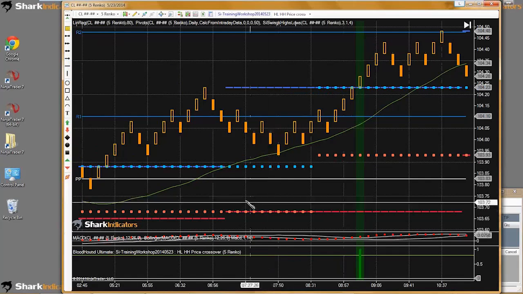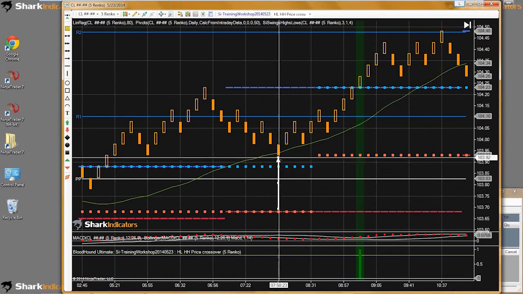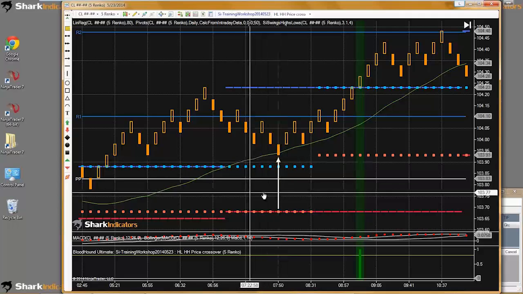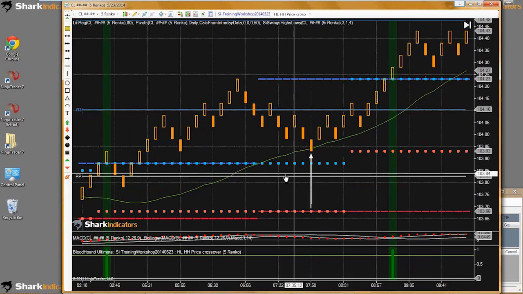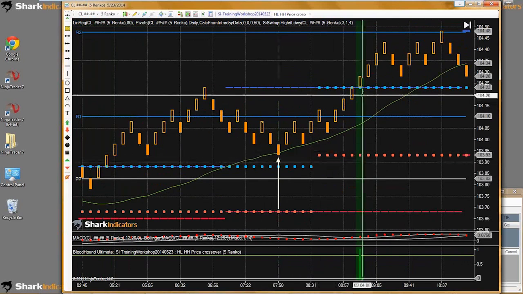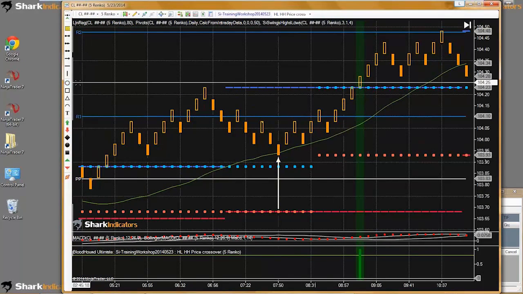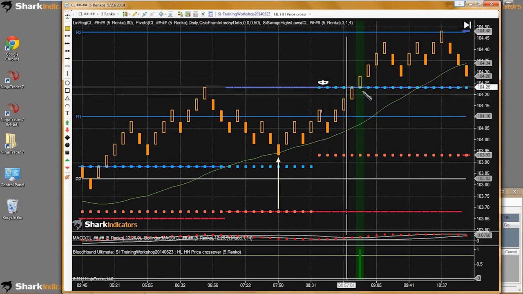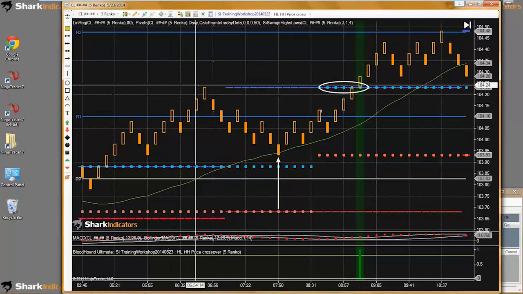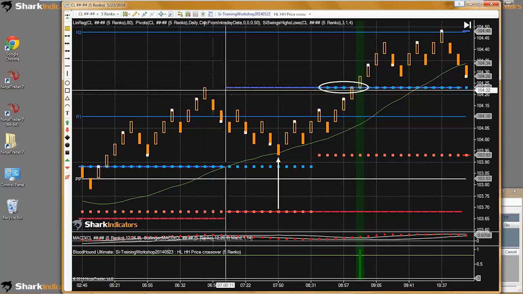You know, so we have this higher low made right here. Right, that's coming back from way back here. And then price, oops, let me grab that circle. And then price crosses our highest high right here.